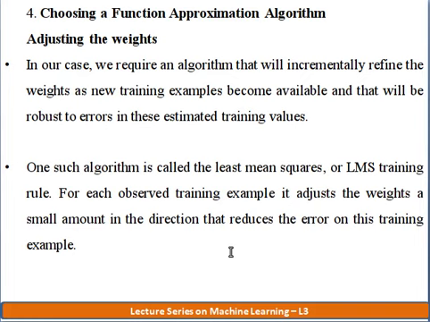For each observed training example, it adjusts the weights a small amount in the direction that reduces the error on this training example. So this algorithm is performing a stochastic gradient descent search through the space of possible hypotheses to minimize the squared error E. What is the meaning of stochastic gradient descent? We study that while studying artificial neural networks.